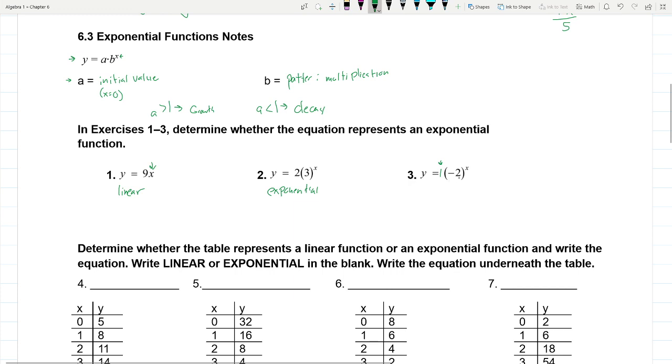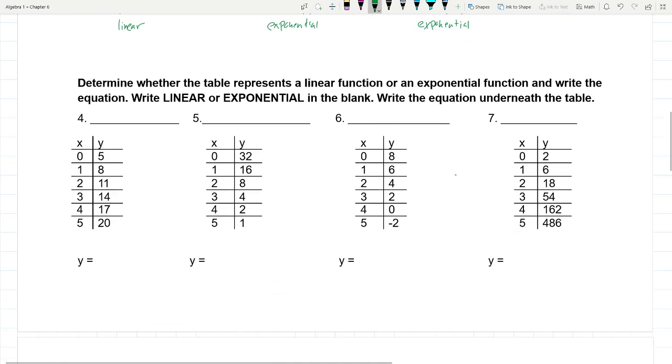Looking at this, I have the x in the exponent location, so this is exponential. I always get myself tied up when I try and say exponent and exponential, because I always want to do one or the other.